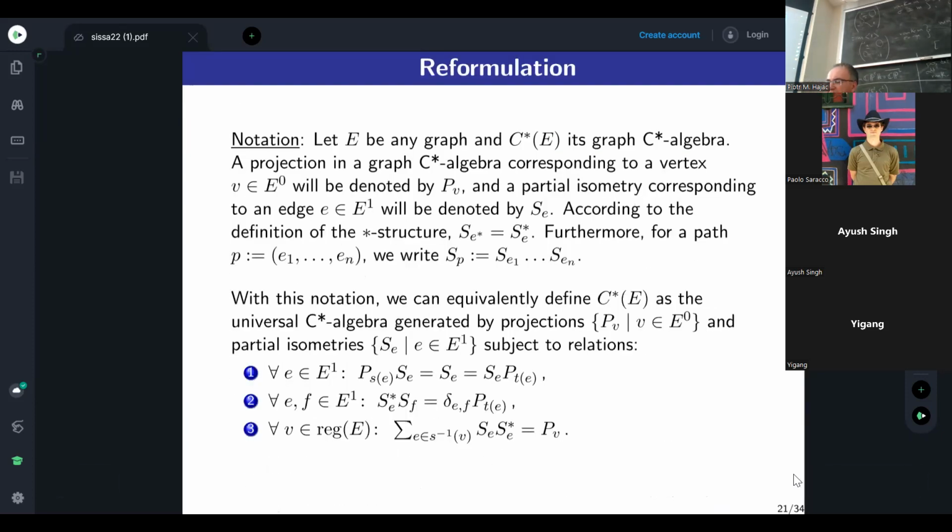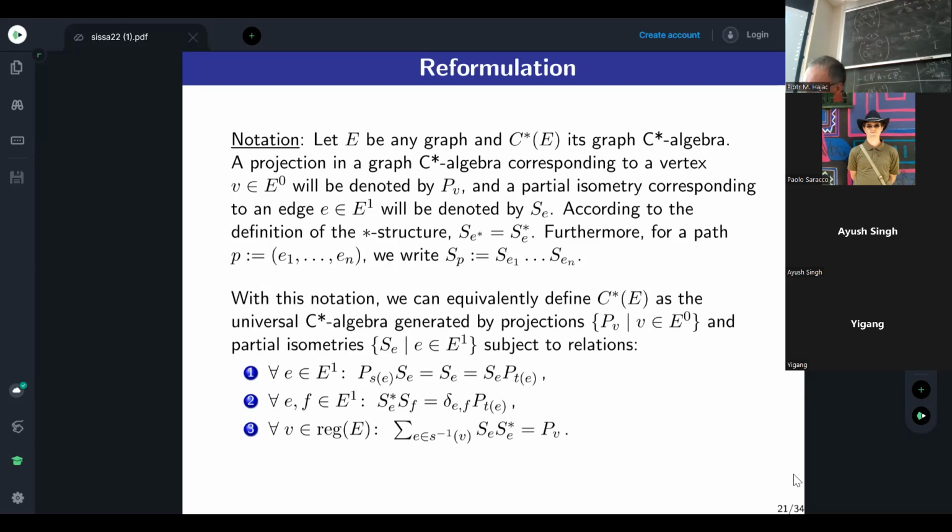And with this notation, if you rethink our construction, if you bear in mind that the path algebra itself is also a universal algebra given by generators and relations, okay? Then the only additional relations that you have to throw in are the relations which are written here in point number 1, because it doesn't follow from anything else. So if you would have any graph and you would define the universal algebra generated by orthogonal projections, so vertex squared is orthogonal idempotence. Yeah, this is important.